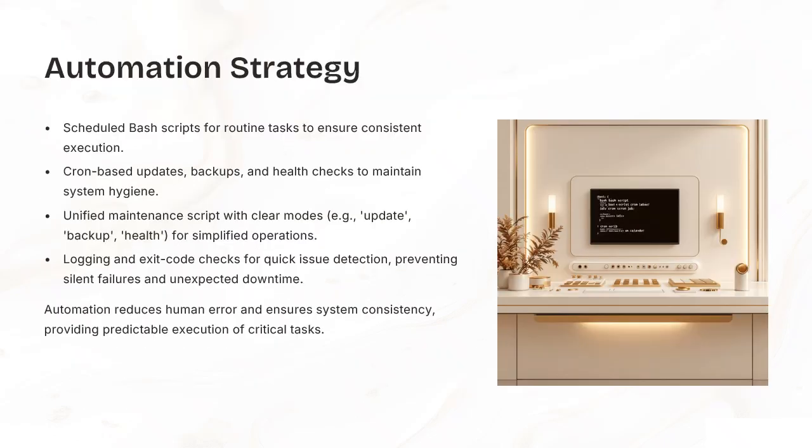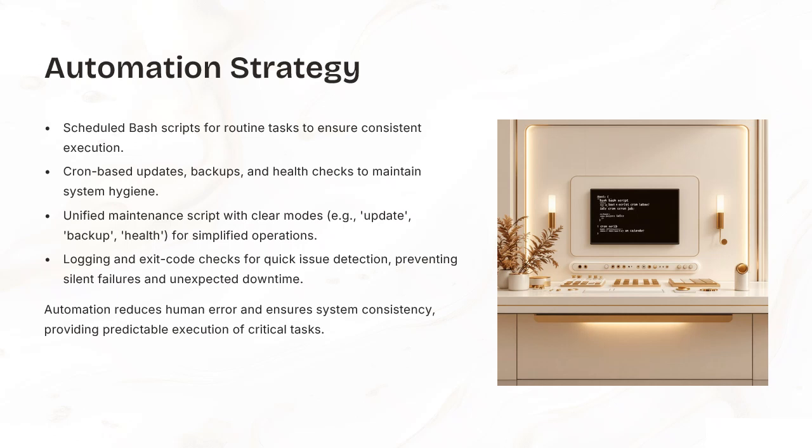With that in mind, let's discuss how we decided to automate the entire system. Automation is the first key because the main goal is to reduce human error and make sure our system is consistent when dealing with routine tasks.